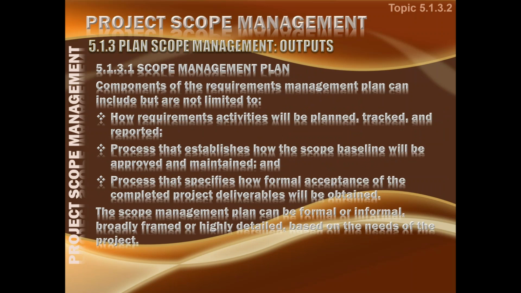Components of the requirement management plan can include, but are not limited to, how requirement activities will be planned, tracked, and reported. This we are talking about, the requirements management plan. The heading is wrong. It's not scope management. We are talking about the requirement management plan. So how the requirement activities will be planned, tracked, and reported.